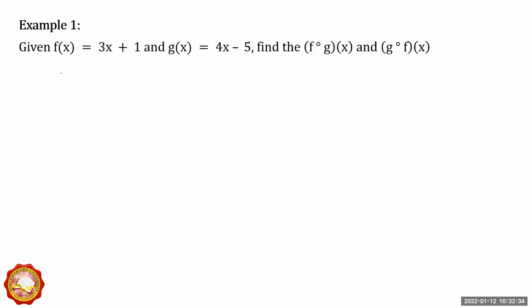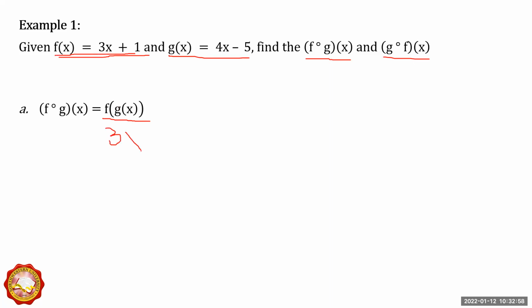So, ang f of x mo dito, 3x plus 1. Ang g of x, 4x minus 5. Now, we're trying to find F circle G and G circle F. So, two cases ito. Una natin gagawin is F circle G or F of G of x. Ang ibig sabihin, ang basis mo lahat is 3x plus 1. Now, ang isa-substitute mo na value ni x is your G of x.